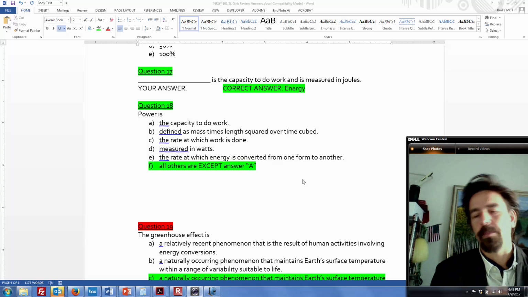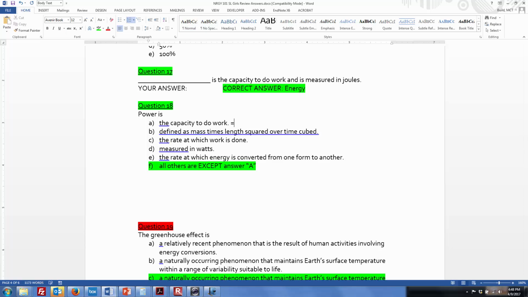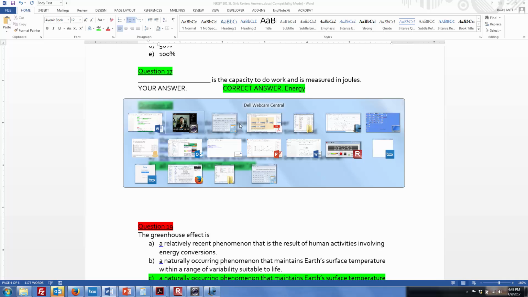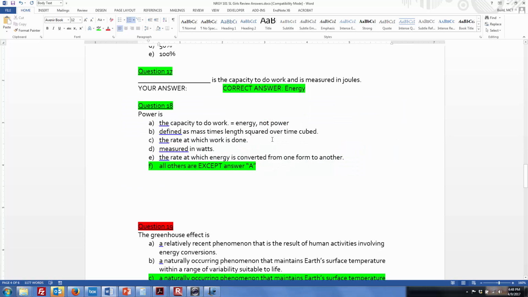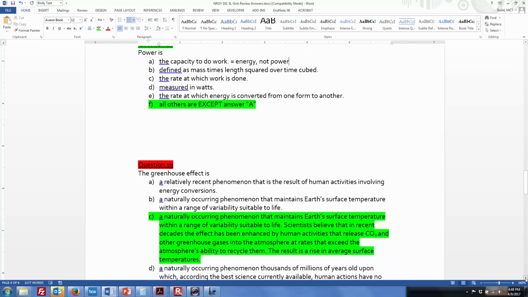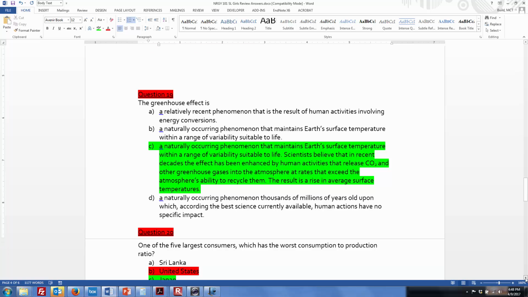The power is the rate at which work is done, and of course this equals energy, not power. Very good. Good job. Question 19. Greenhouse effect. This is correct. Very good.